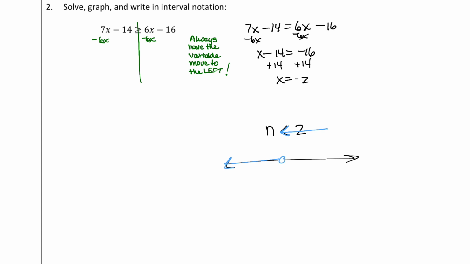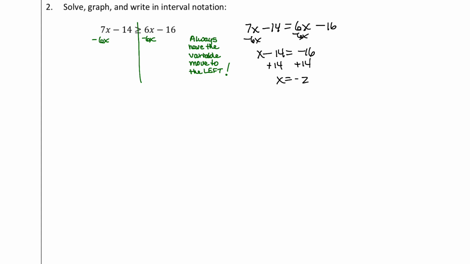If it's backwards and your variable is on the other side, you can't use that. It would be exactly backwards. So just get used to moving the variable to the left with inequalities and you will be better off, so you don't have to remember that.